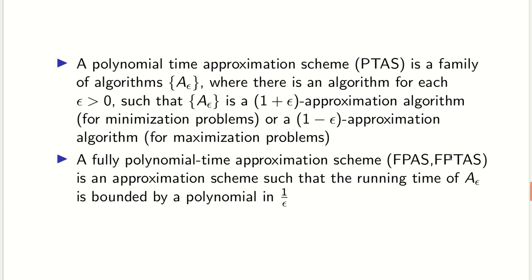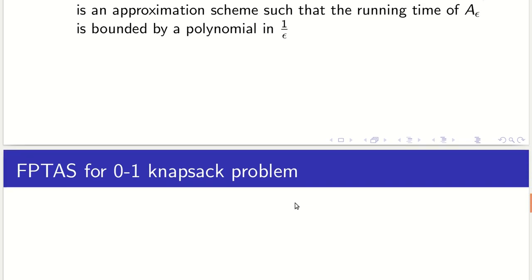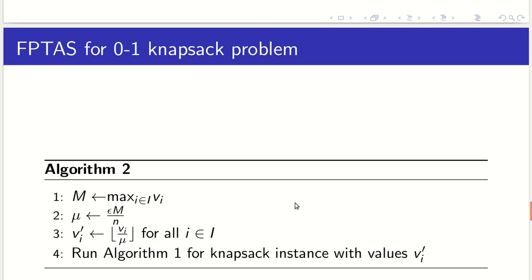But in a fully polynomial time approximation scheme, the running time should be polynomial with respect to 1 by epsilon. So we present an FPTAS for the 0-1 knapsack problem, whose running time is polynomial with respect to n and 1 by epsilon.